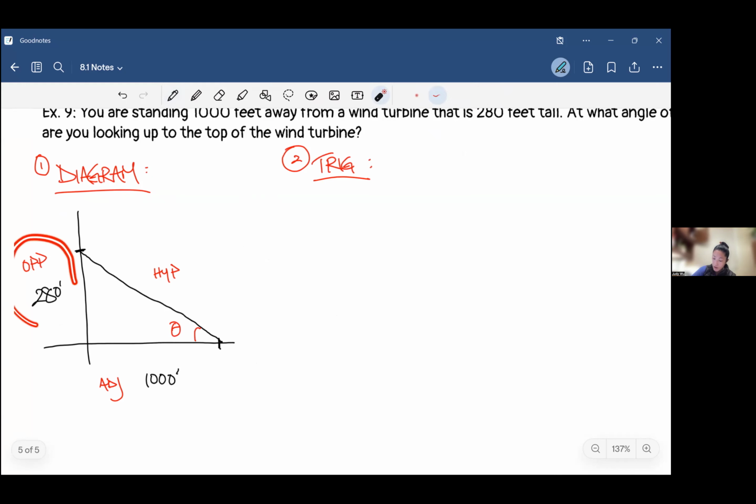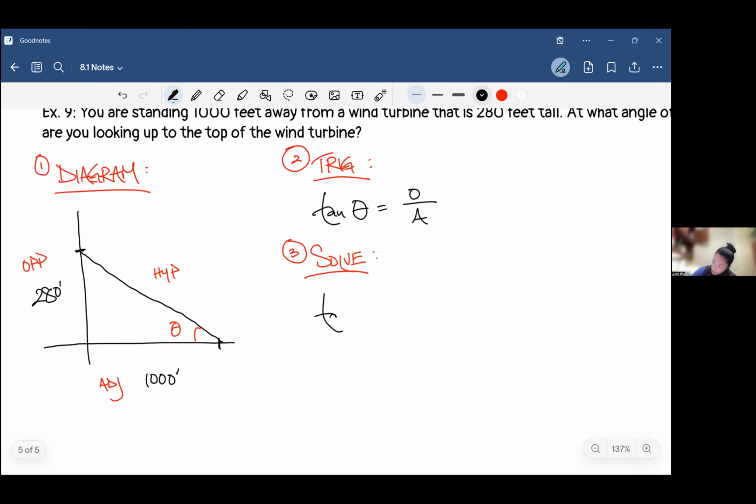So I notice I have opposite and adjacent, and I don't know anything about the hypotenuse, so probably the best one to use would be tangent, since that does opposite over adjacent and doesn't need anything about hypotenuse. All right, let's go ahead and plug in our information and solve. So we've got tangent theta equals 280 over 1,000, okay?